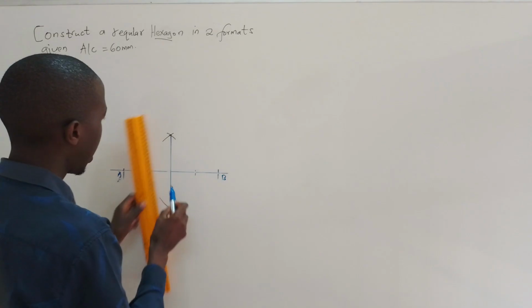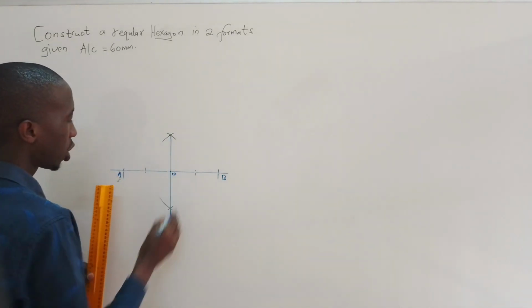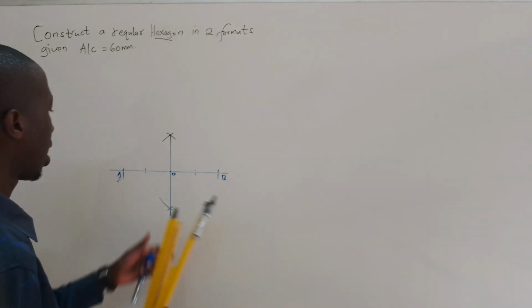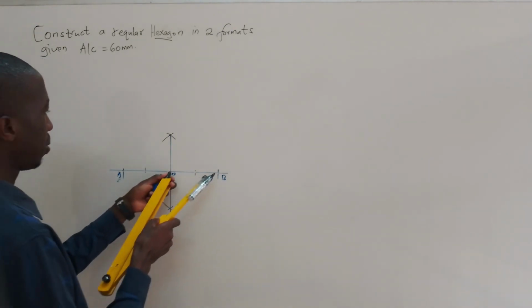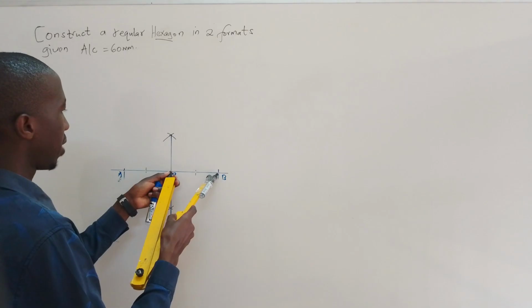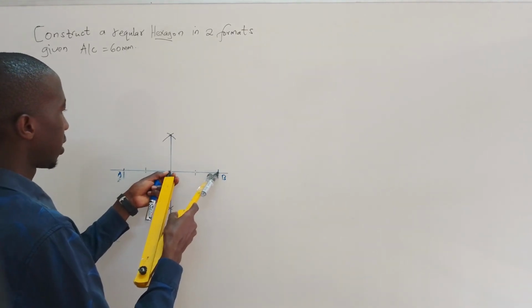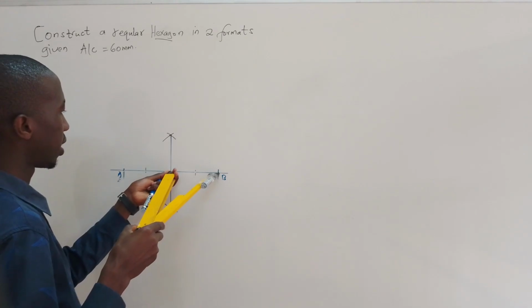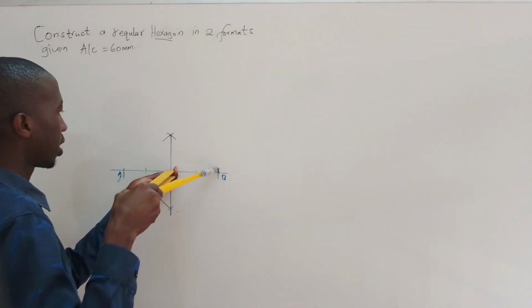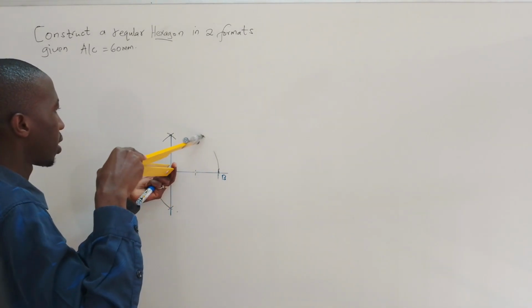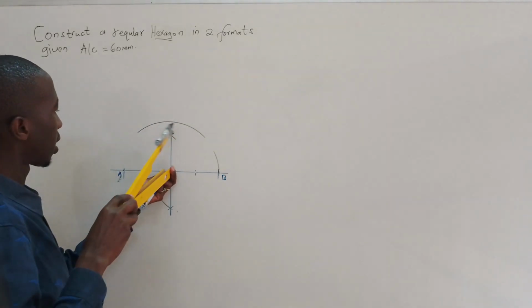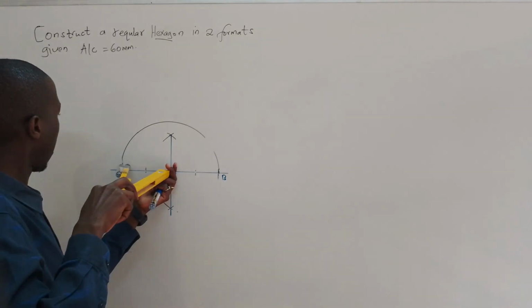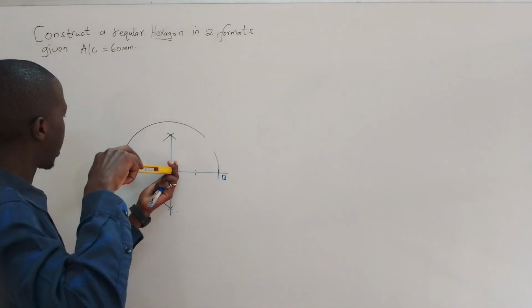So this is my center. Now I want to come up with a circle of the same diameter, so we have the radius as 30. So I will have my circle here.